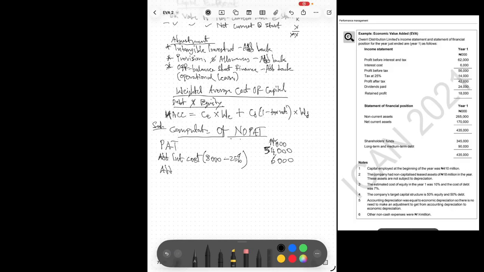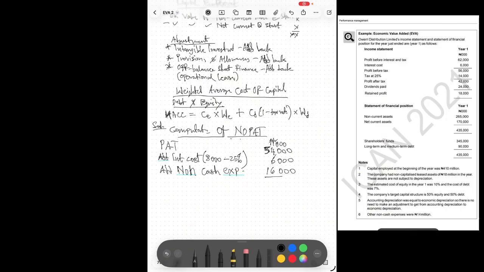So add back economic depreciation. Since the economic depreciation and the accounting depreciation are the same according to the question, it means they have zero impact. The other thing we'll treat is a non-cash item. In the additional information, you see a non-cash item expense of 16,000.